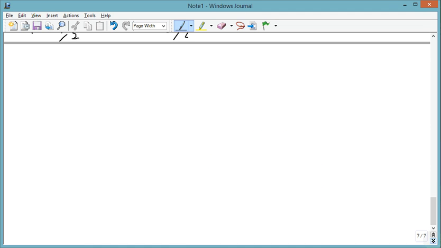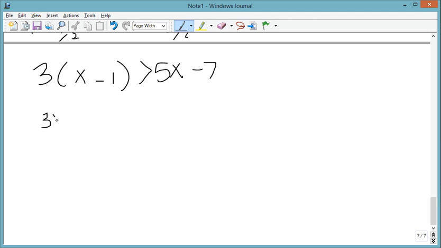Sometimes you may have to do a little bit more work before you can start combining. See if you can figure out how to do this one. Notice that this parenthesis over here means I can't add the x's together. So before I go adding things to both sides, I have to get rid of these parentheses, so I would distribute.